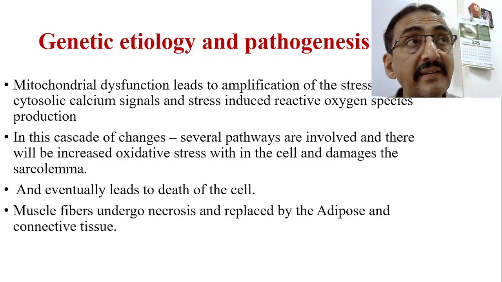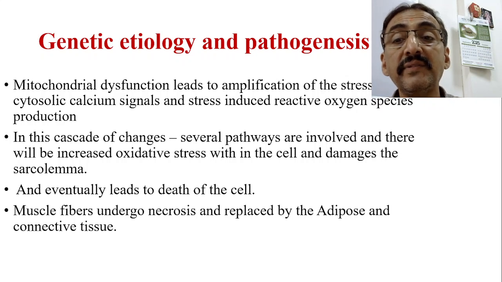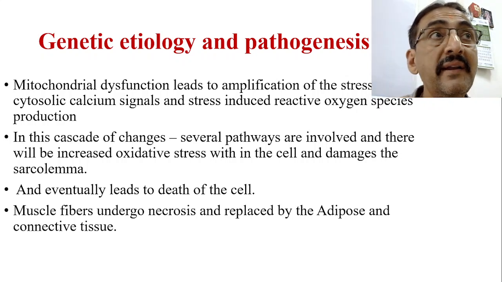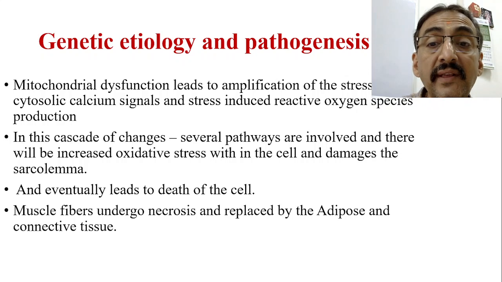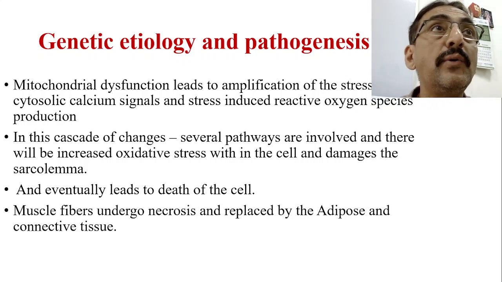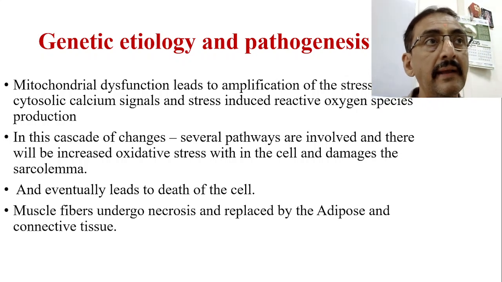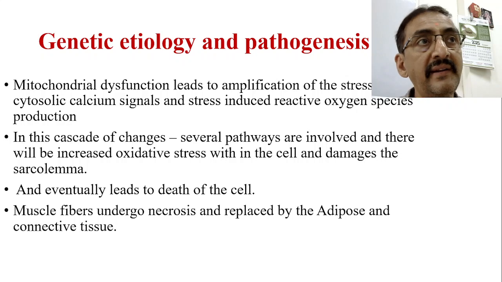Now, in this cascade of changes, several pathways are involved and there will be increased oxidative stress within the cell, which damages the sarcolemma. Sarcolemma is the covering inside which actin and myosin are packed.